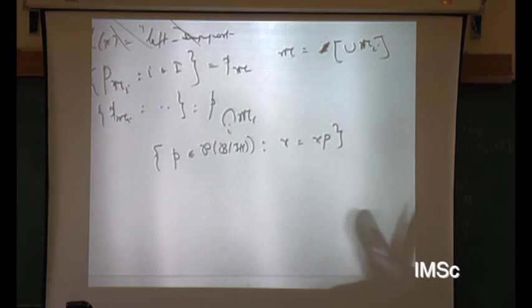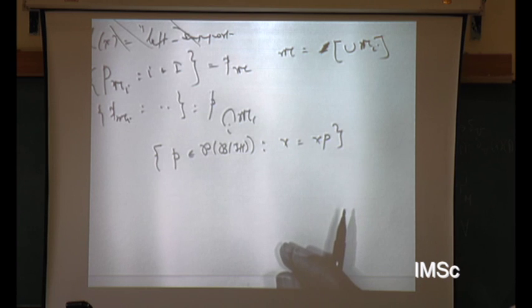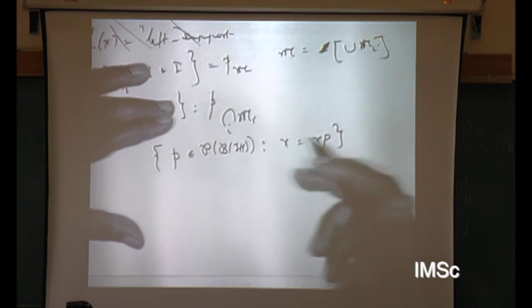That makes sense, right? X is an operator from H to K. Look at all those projections in H such that x equals xP. See, what does this mean?